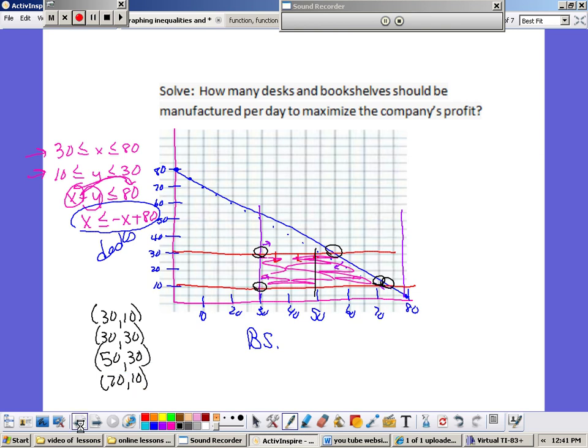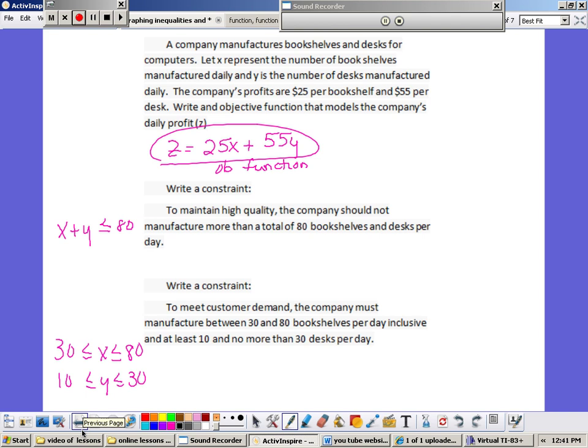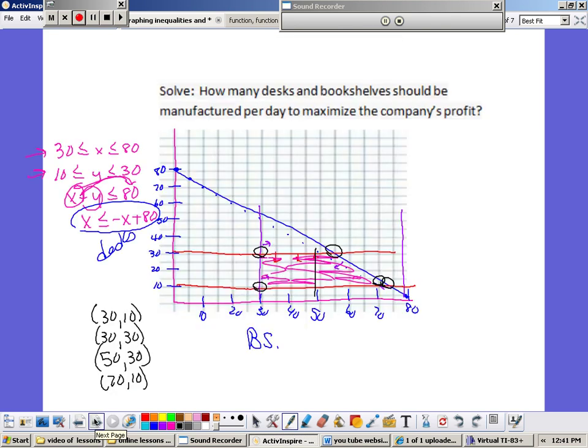Okay, our objective statement was 25x plus 55y. So, z is equal to 25 times 30 plus 55 times 10. Z is equal to 25 times 30 plus 55 times 30.